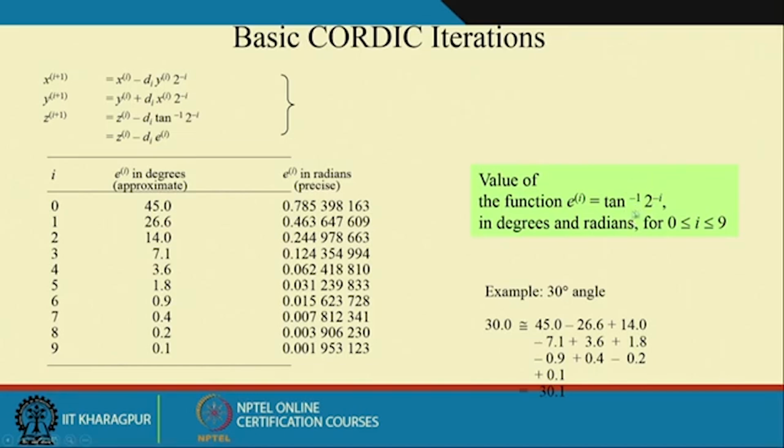So the angle is rotated based on this particular equation, which is e i equals tan inverse of 2 to the power minus i. For what reason I am using this and what is the meaning of doing this, we will cover in the next lecture.